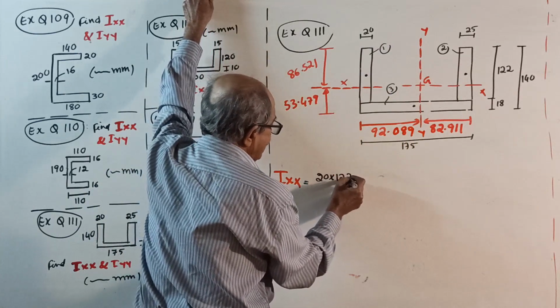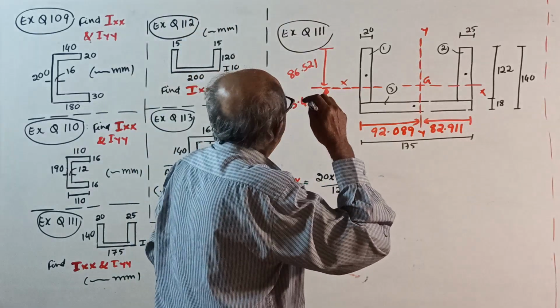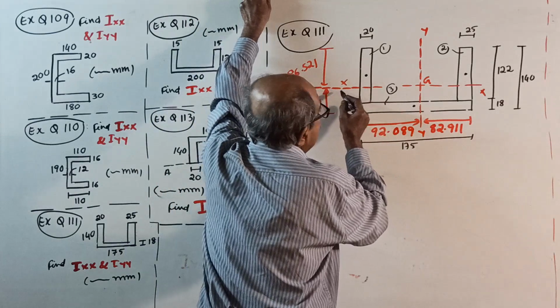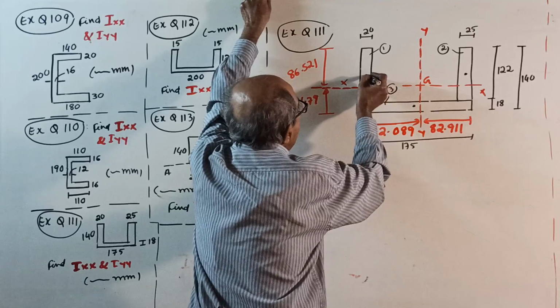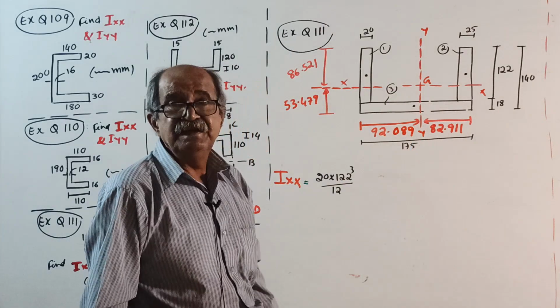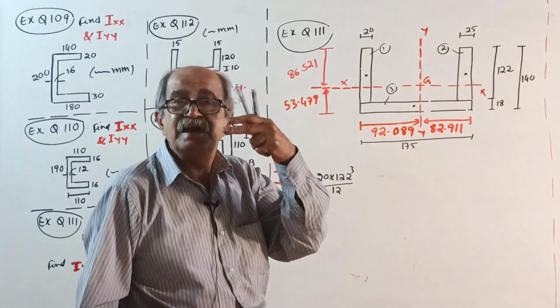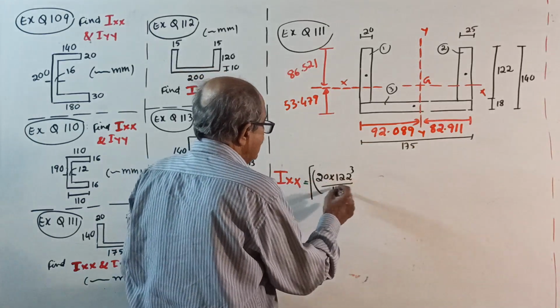When I am writing, have you ever seen me start wondering about the axis? First come to the centroid. Imagine an axis passing through the centroid parallel to XX. When I explain, I tell all those things, but when I write directly, it is not required.